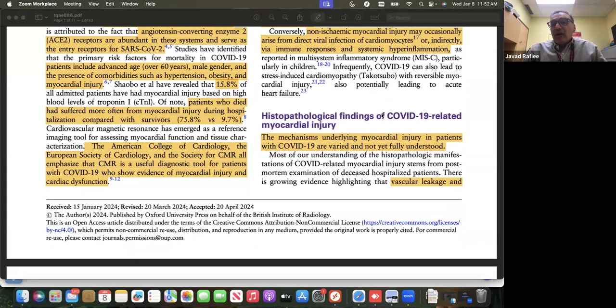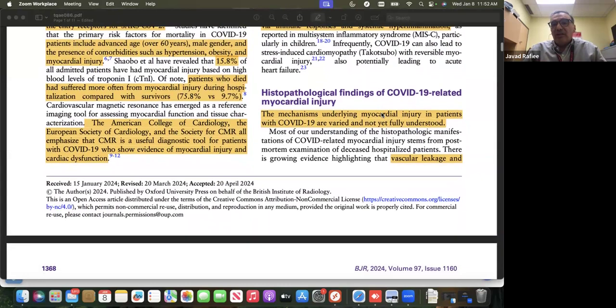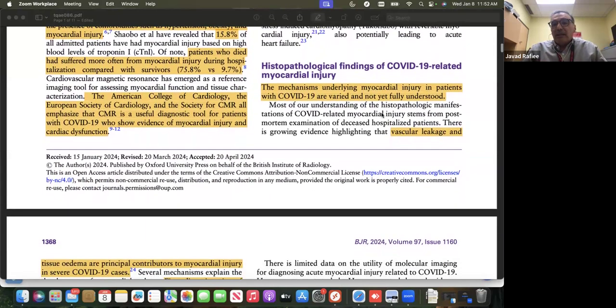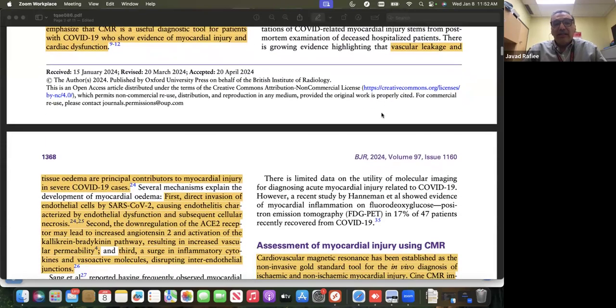About the histopathologic findings of COVID-19, unfortunately, our knowledge about the exact findings is very sparse, and it's related only to some post-mortem examinations of patients who died during acute COVID. But this evidence suggests that vascular leakage and myocardial edema were the principal contributors to myocardial injury.